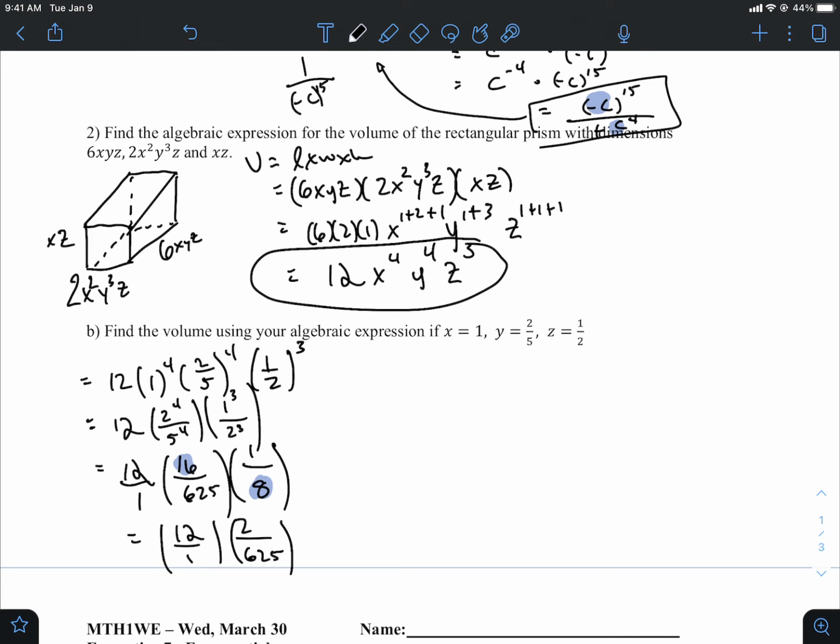Or you could just multiply this all out, which will turn into 24 over 625. And I don't know if that's reducible. Is that reducible? I don't think so.